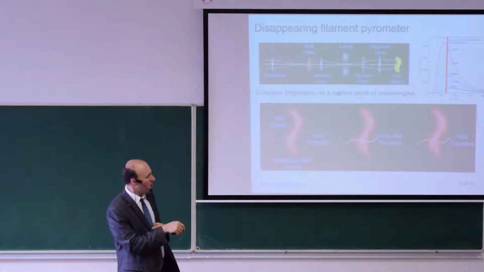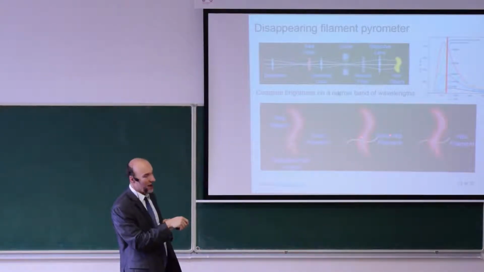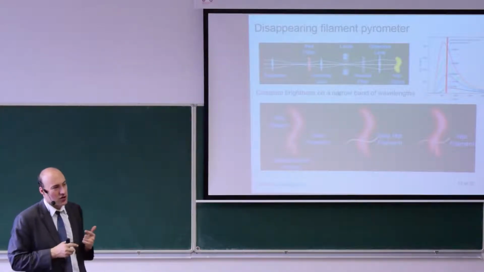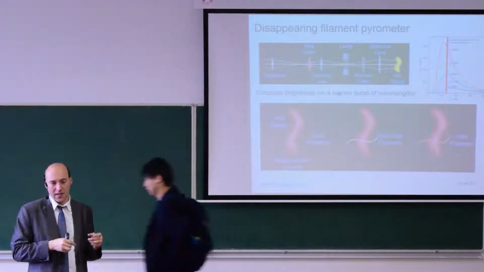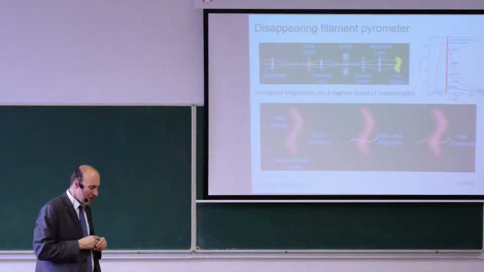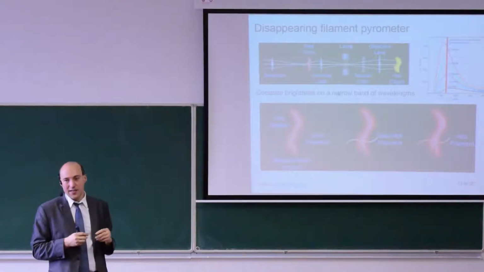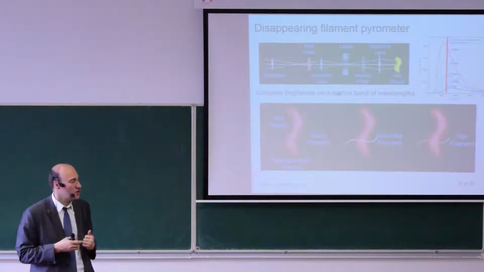You see a part of the object, and then you see the filament. We can adjust the temperature of the filament by simply changing the current. It's like a bulb. It's called a pyrometer bulb. And from a normal bulb, if you change the current, you change the brightness.